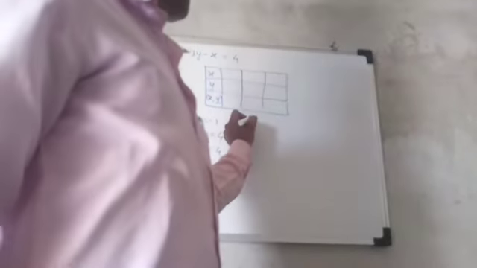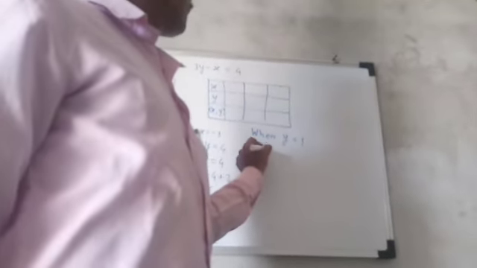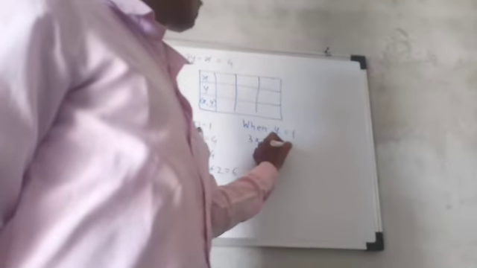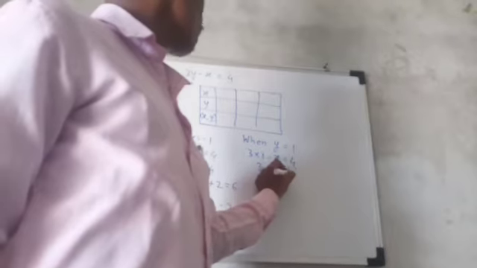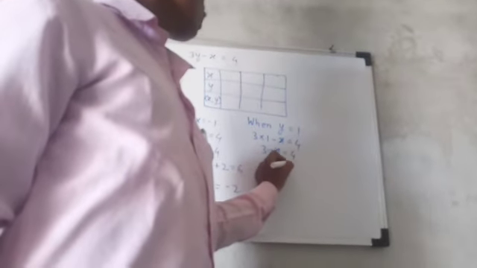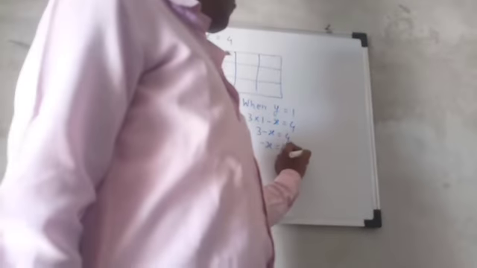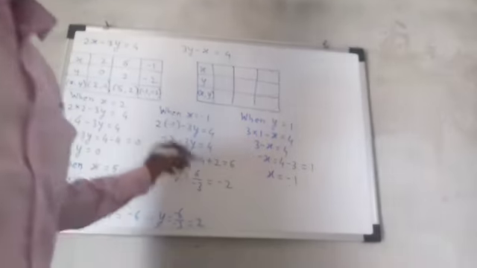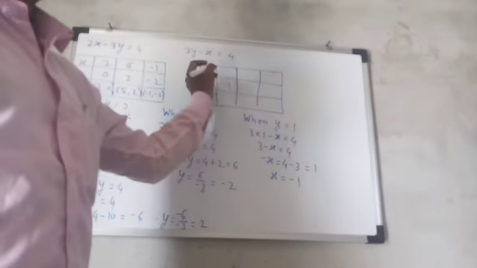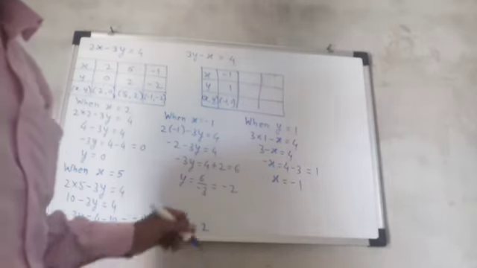When y is equal to 1, put 3 into 1 minus x is equal to 4. 3 minus x is equal to 4. Minus x is equal to 4 minus 3, 1. Therefore, x is equal to minus 1. Y 1, x minus 1, that is minus 1, 1.